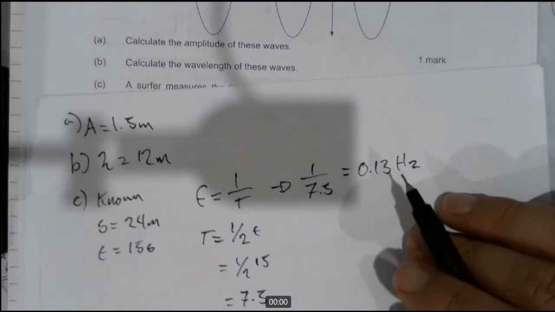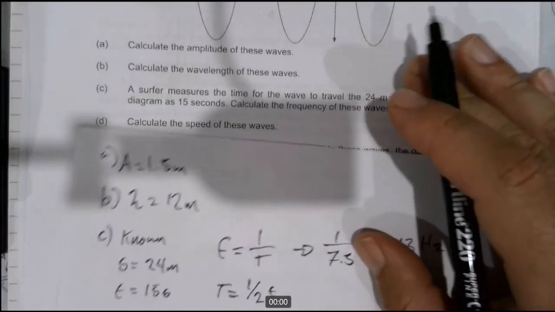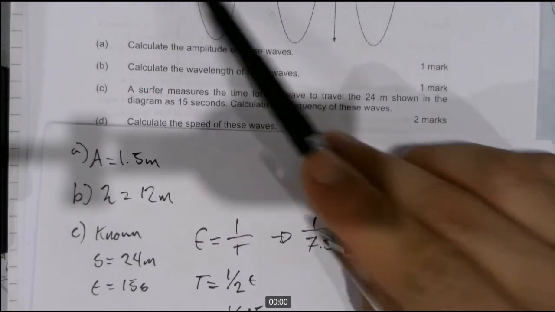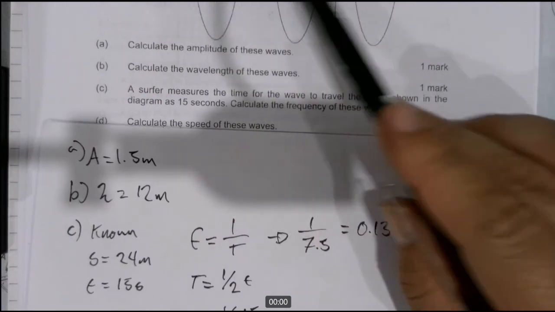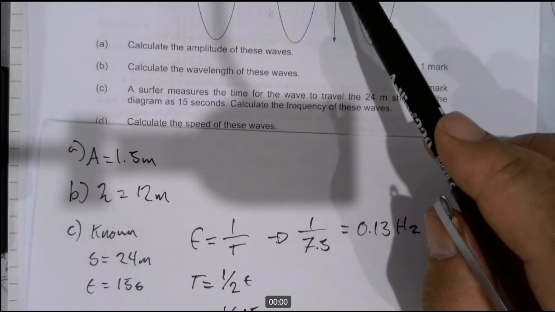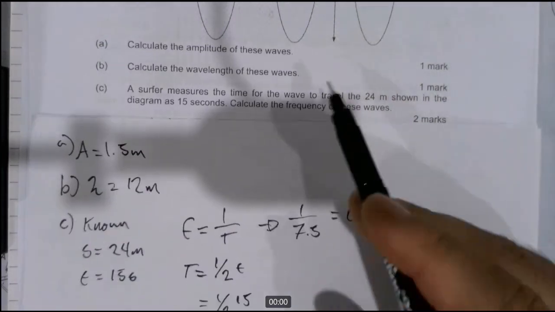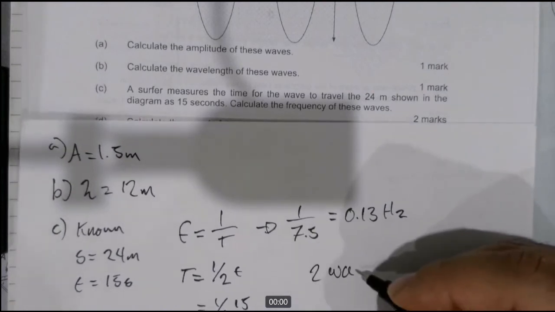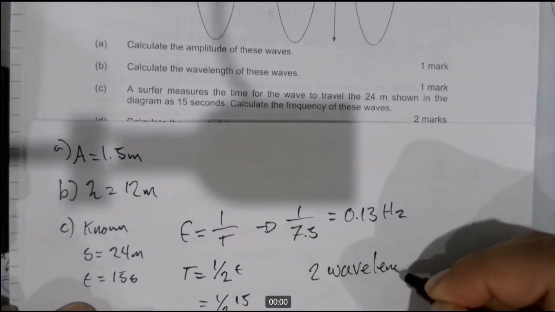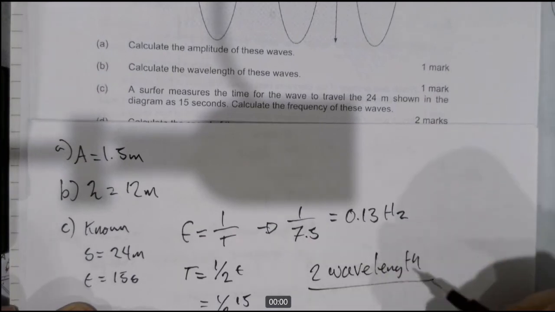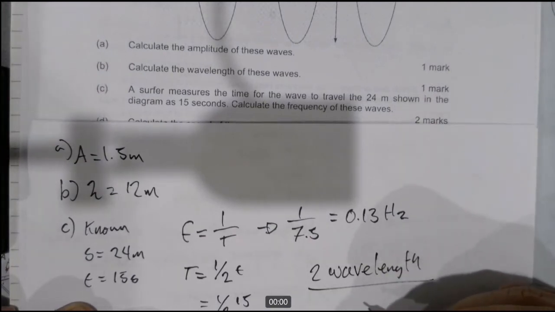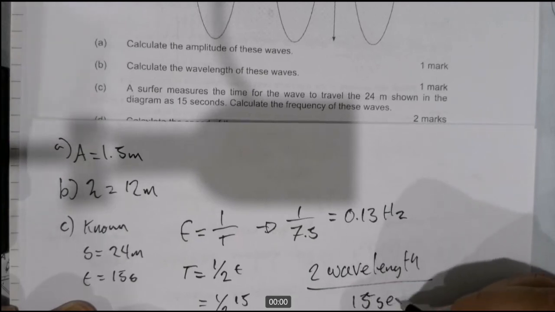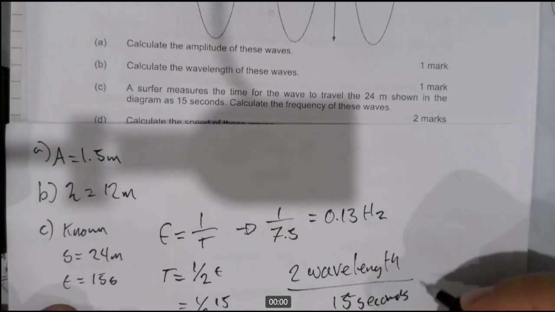Or you can solve it another way, which is, you've got a total of 2 wavelengths that have occurred over that 24 meters, and you know the time. So if you have 2 wavelengths, and you divide it by the total time that is taken to complete those 2 wavelengths, 15 seconds, this gives you a rate.